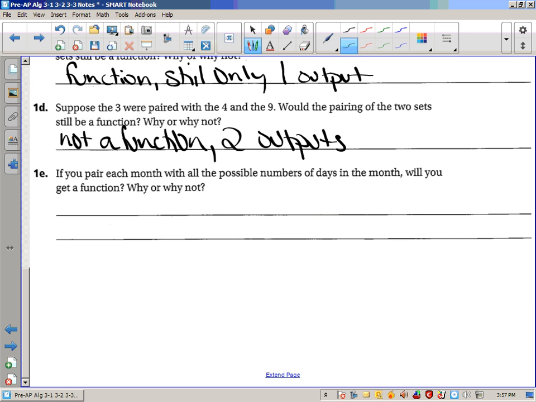Month of February, how many days are there? Well, some years it's 28 days, some years it's 29. So do I only have one output for each month? Well, February messes it all up. So no.